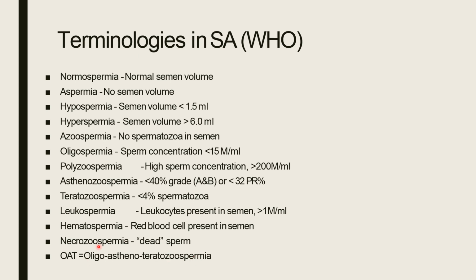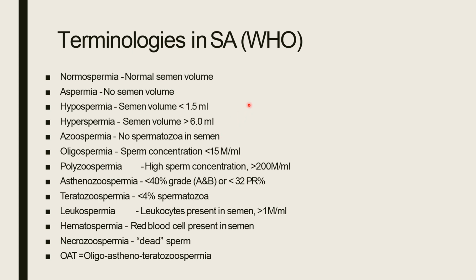So these three conditions could be present in a single semen sample, that is, number of sperms is less than the reference value, motility is less than the reference value, and the morphology is also less than normal values. So they are called oligoasthenoteratozoospermia.